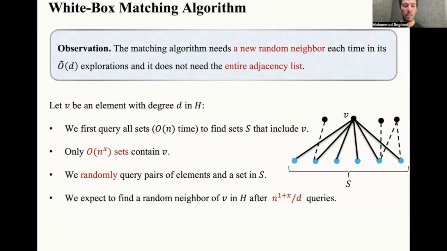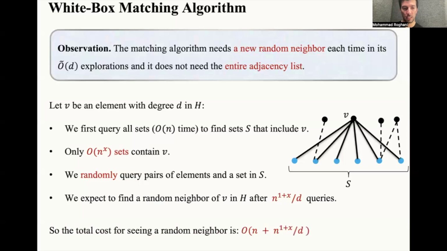So after n to 1 plus x over D queries, we expect to see one of those edges. So the total cost for seeing a random neighbor is order of n plus n to 1 plus x over D, and the first n appears for the first step, where we query all the sets to find the sets that include V.